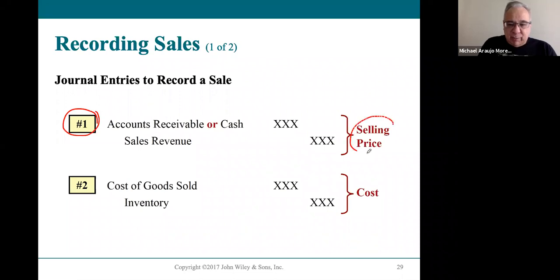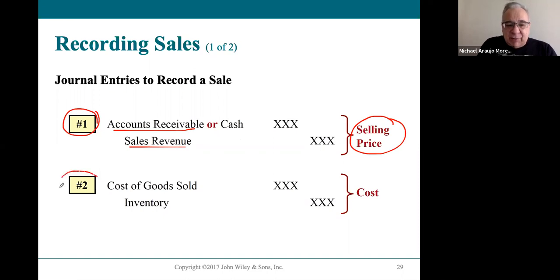Whatever the selling price is, they're going to debit accounts receivable and credit sales revenue if they've given them an invoice. A lot of business-to-business transactions are on account, so this is pretty common. However, if the business is paying cash, then that's a debit to cash and a credit to sales revenue, for the selling price, whatever they sold it for.